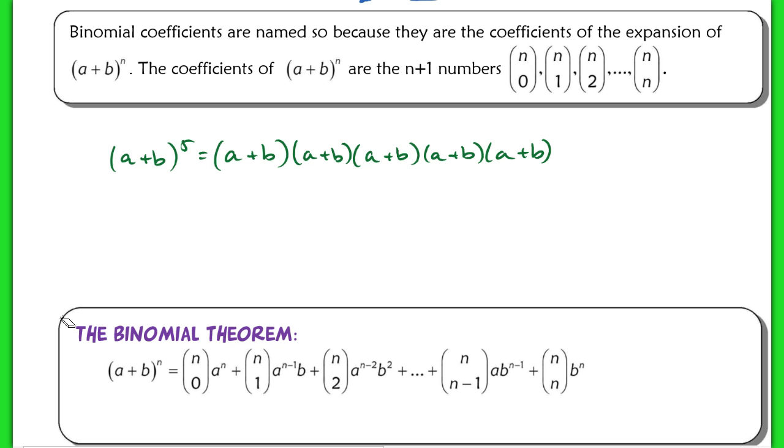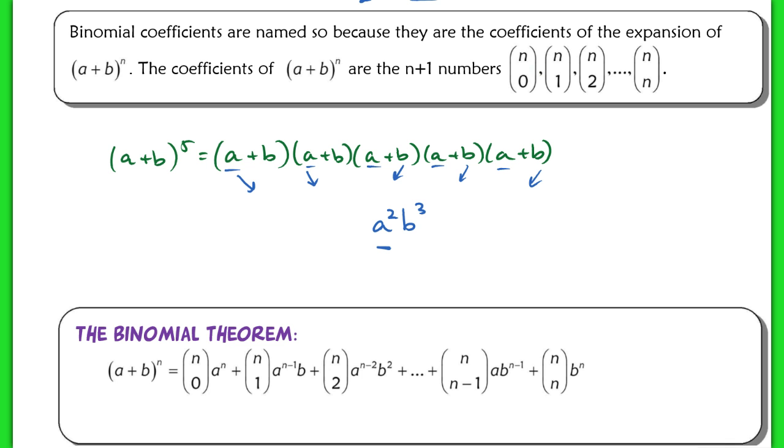Now, what I want to look at is, let's say I wanted to get a term a squared b cubed. Well, I have 5 different a's that I can choose from, right? And I want to pick 2 of them. That's like saying 5 choose 2. Now, for the whole term though, a squared b cubed, think about it this way. Let's say I chose this a and this a, and then this b, and this b.